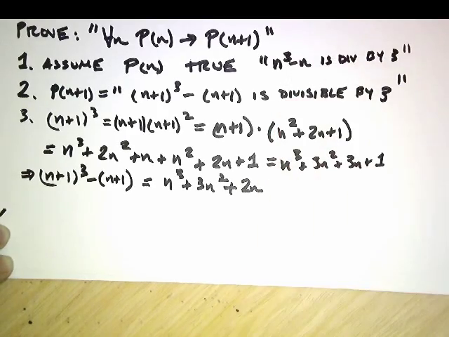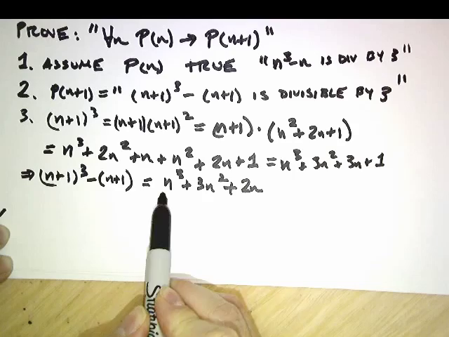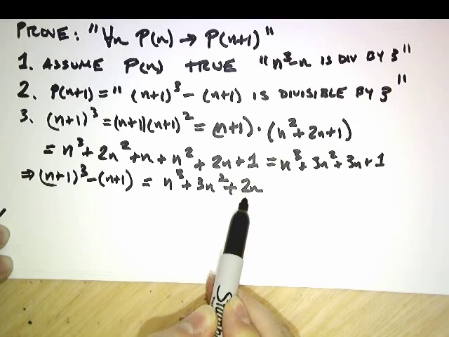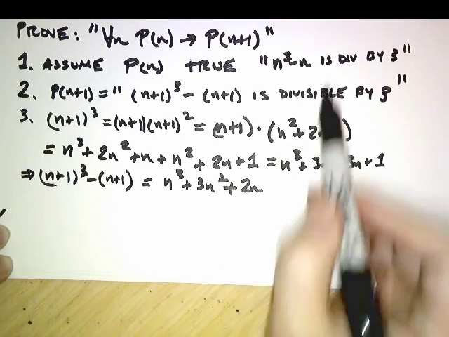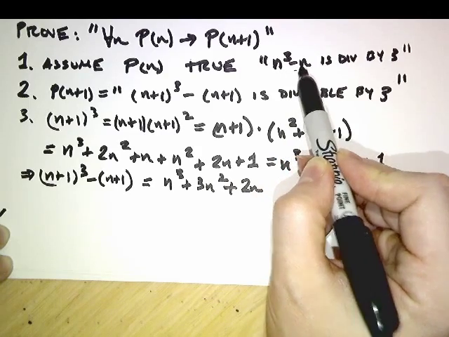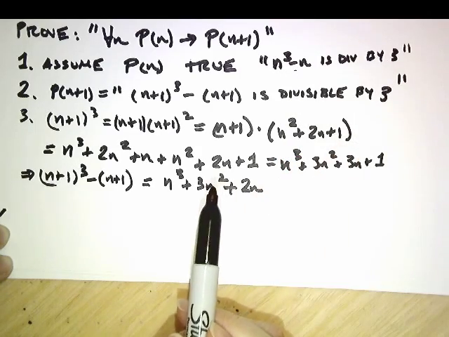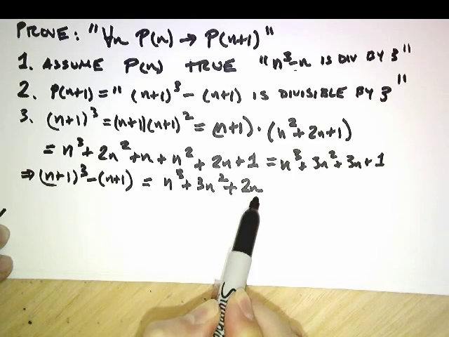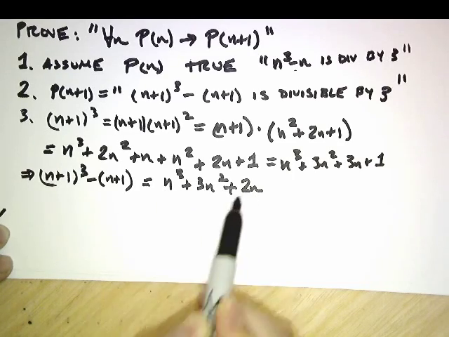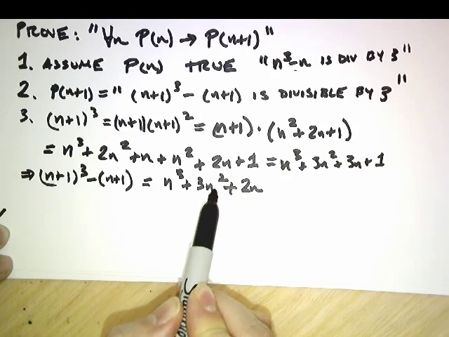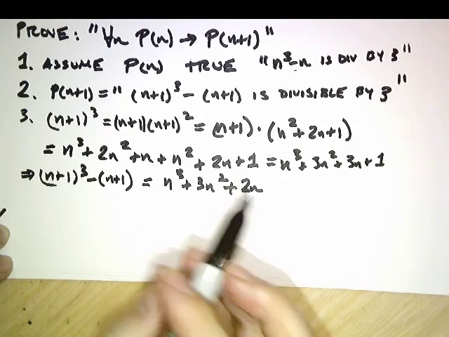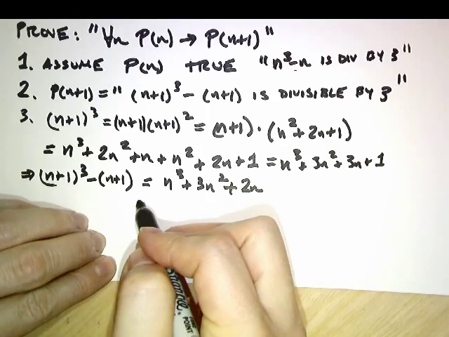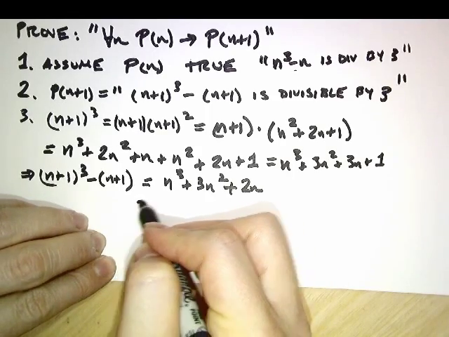So we have this expression. We're trying to prove it's divisible by 3. And what we know is that n cubed minus n is divisible by 3. But somehow we have to use that fact. In this expression down here, I don't see n cubed minus n. I see n cubed plus 3n squared plus 2n. So I'm just going to change it a little bit.